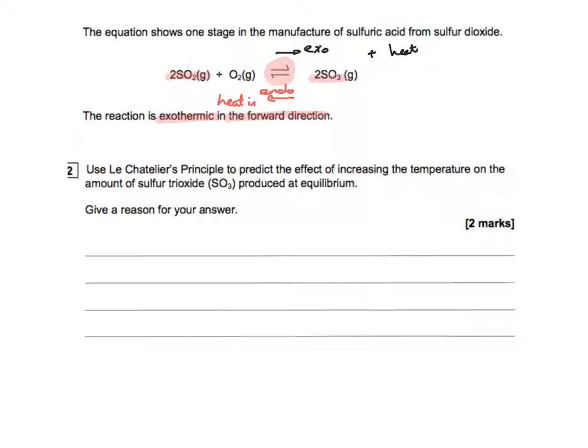Now, it says use Le Chatelier's principle to predict the effect of an increase in the temperature on the amount of sulfur trioxide produced at equilibrium. Give reasons for your answer. So, going back to the first page, it says when we make a change, the system tries to counteract the change.